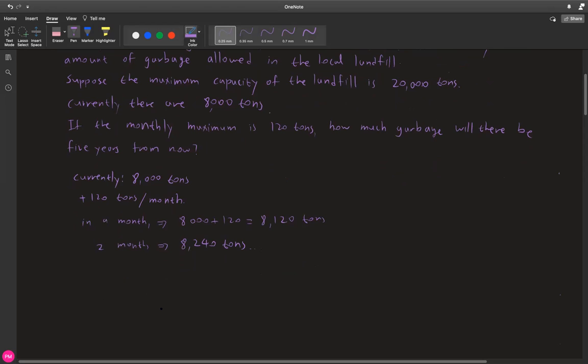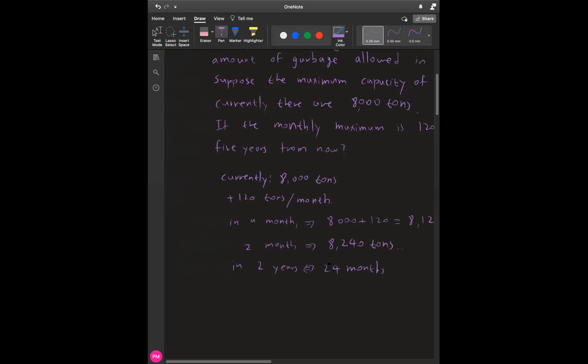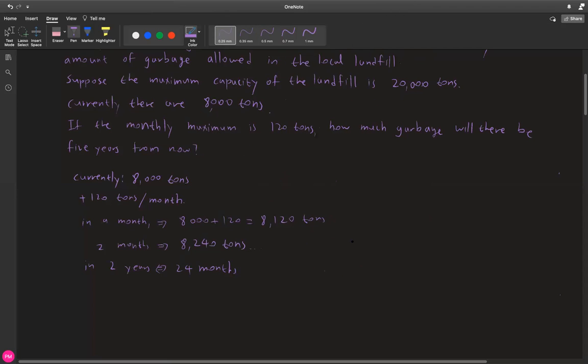How many months are there in 2 years? It's the same as 24 months. We're simply adding 120 tons on top of 8,000 tons each month, so we're doing that 24 times.